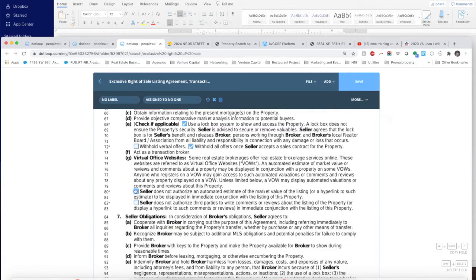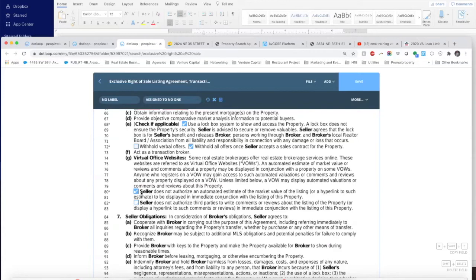You can check that. And then the seller doesn't authorize third parties to write comments or reviews about the listing on the property, display hyperlink. So again, this is if the seller doesn't want that in other outlets where people can comment or write a review about this property.